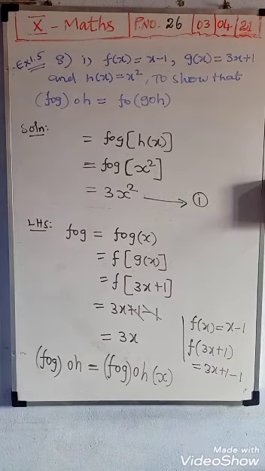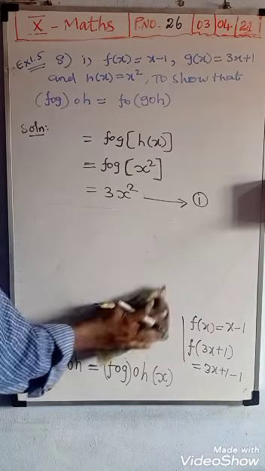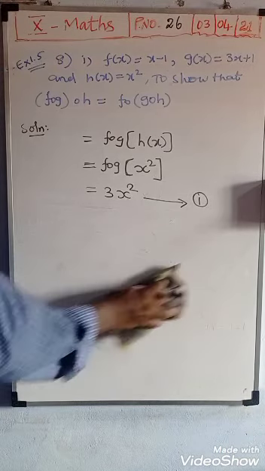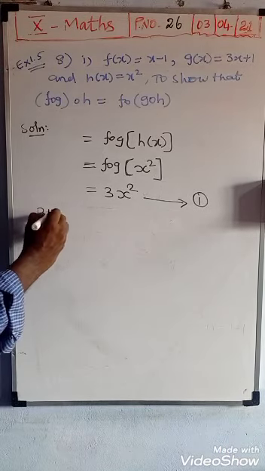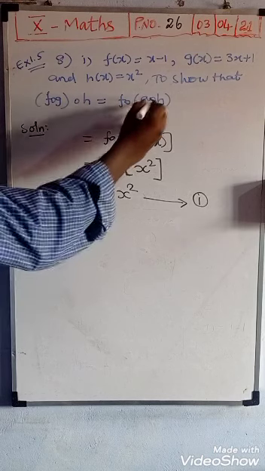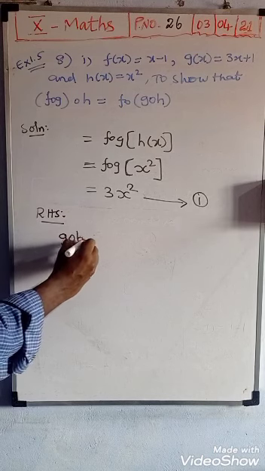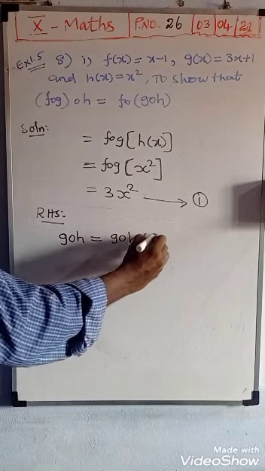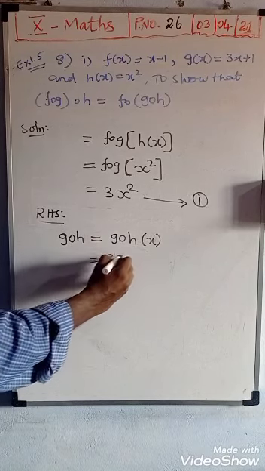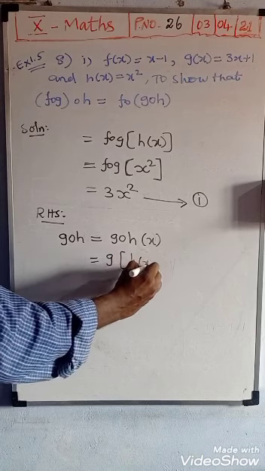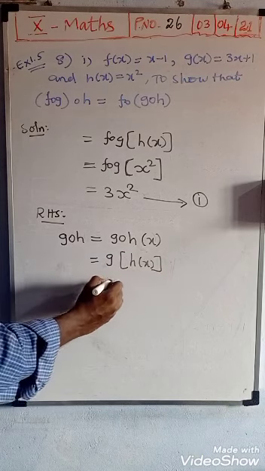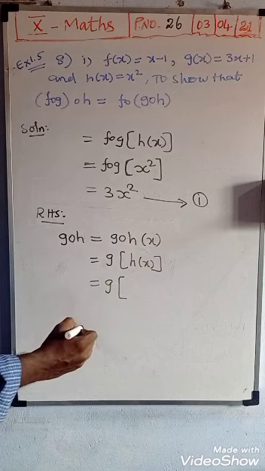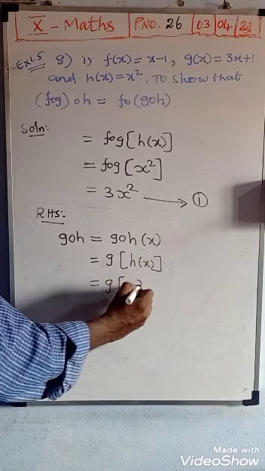Okay. Then next, the RHS we want to take. First g composition h. G composition h we can write as g composition h of x. So this we can change to g of h of x. Instead of h of x you write x squared.